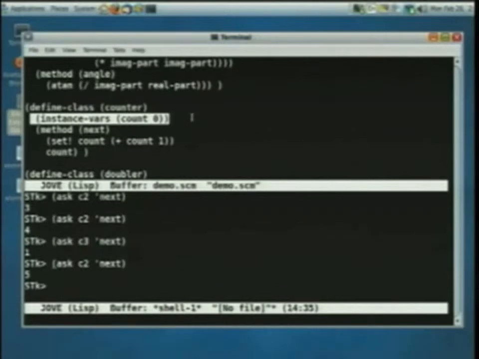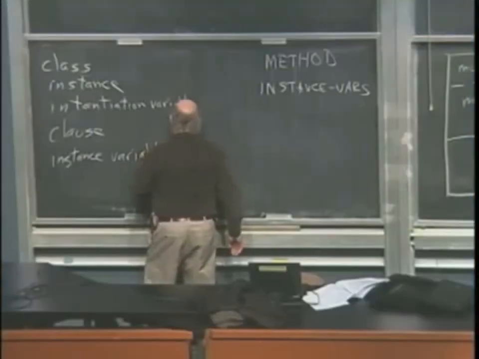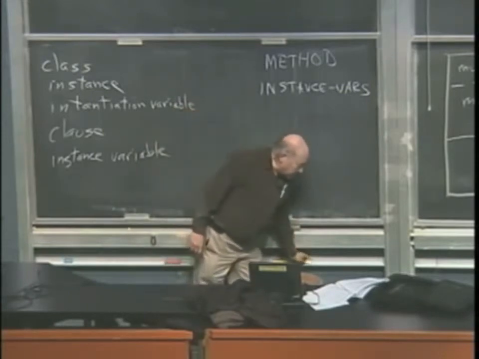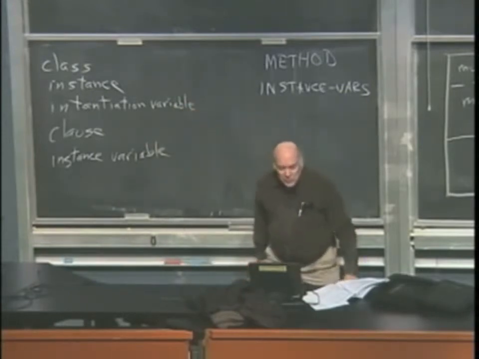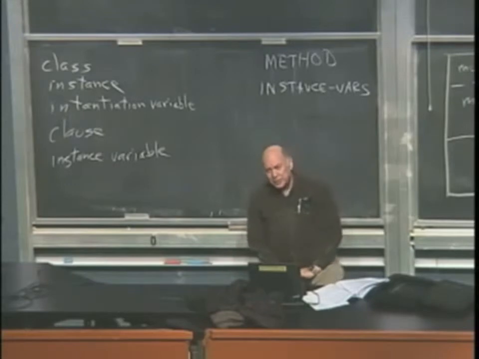So let me write instance vars up here on the board. And I'm going to write instance variable over here in our vocabulary list. And notice that the name instance variable is a lot like the name instantiation variable. And the ideas are very much the same also.